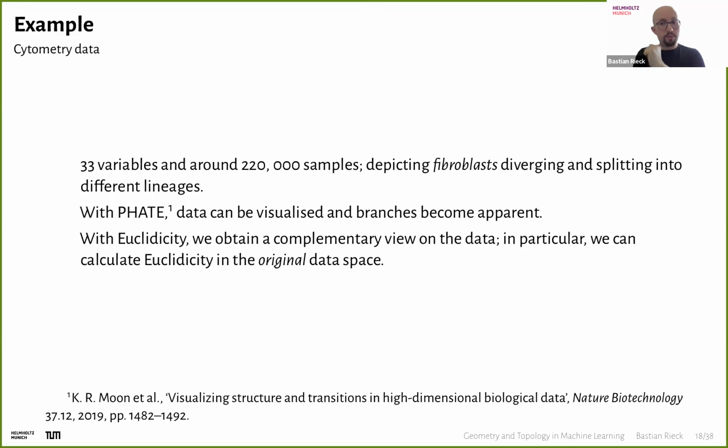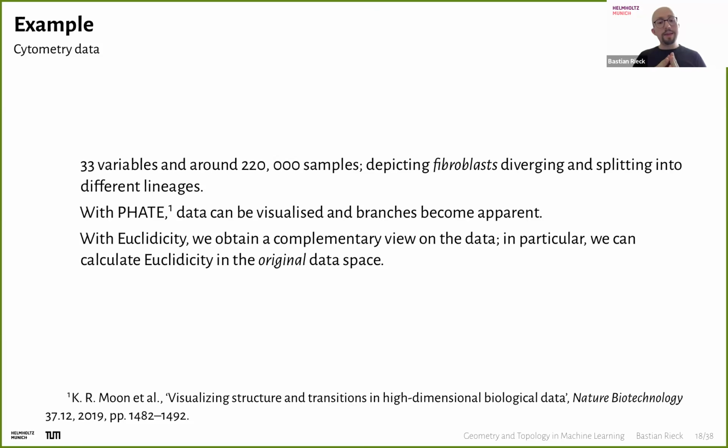I don't want to pretend that I understand all the details of how this data set came to be, but what I do understand is that it depicts certain cell types and how they diverge and split according to different lineages. So there's literally a kind of agglomeration or accumulation of different time snapshots of the cells and how they develop over this period.